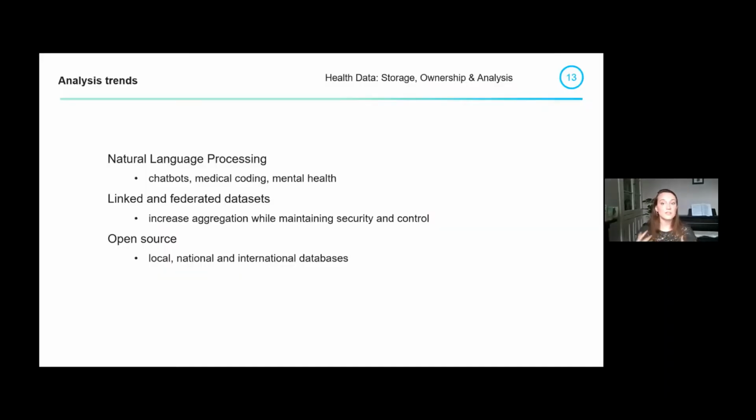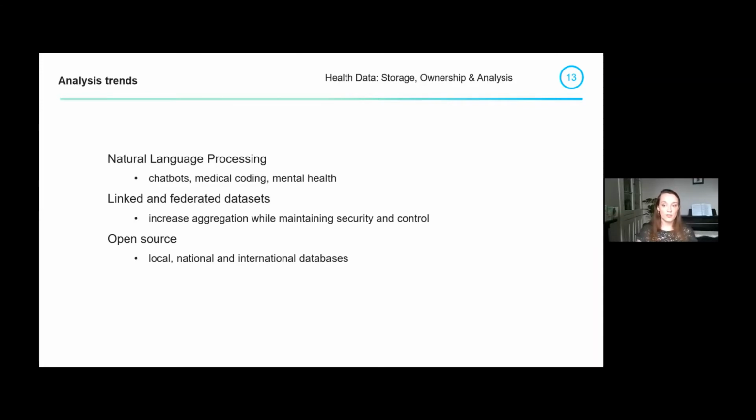So with such a diverse set of data types, sources, storage, and ownership, it would be hard for me to give much advice on how to analyze health data. So I just wanted to quickly mention some of the trends that I've observed in my position as a consultant in AI.